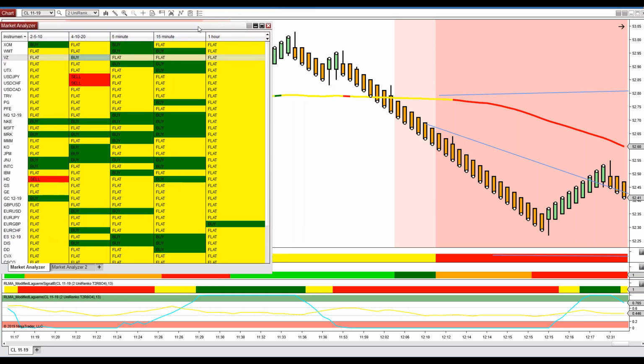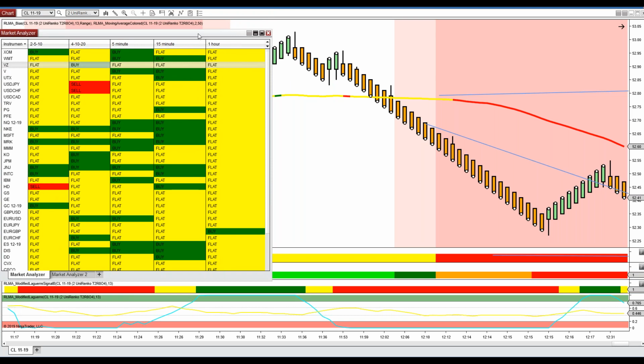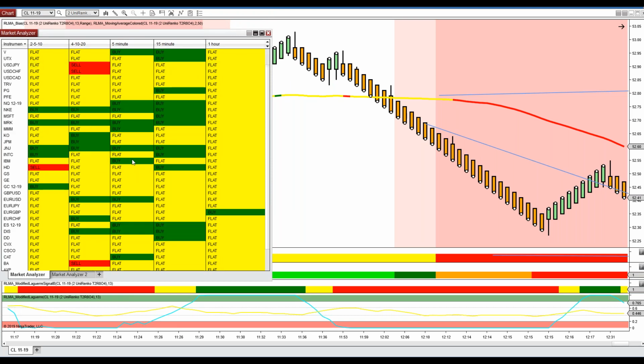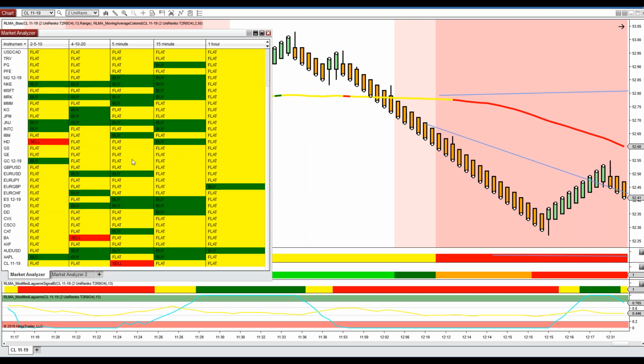So let's take a look at something that's giving us a buy signal that we're interested in. We'll take a look at Apple. Now, I have a 15-minute giving us a buy. I have a 4, 10, 20 Renko.